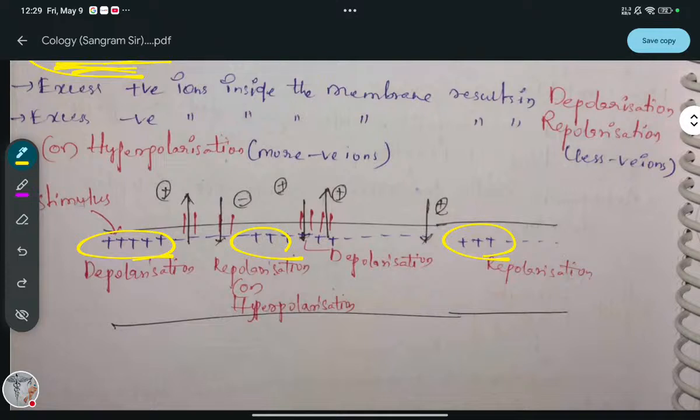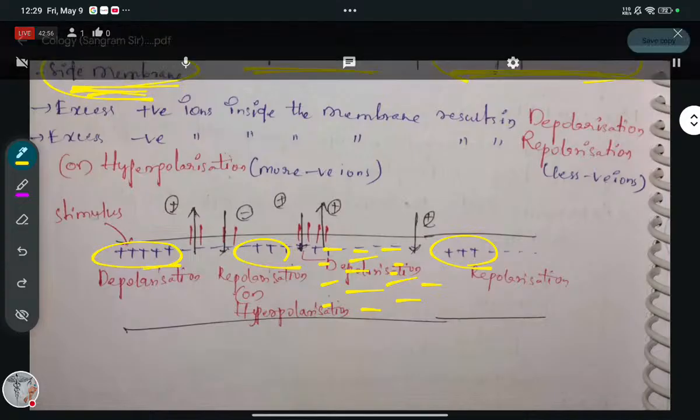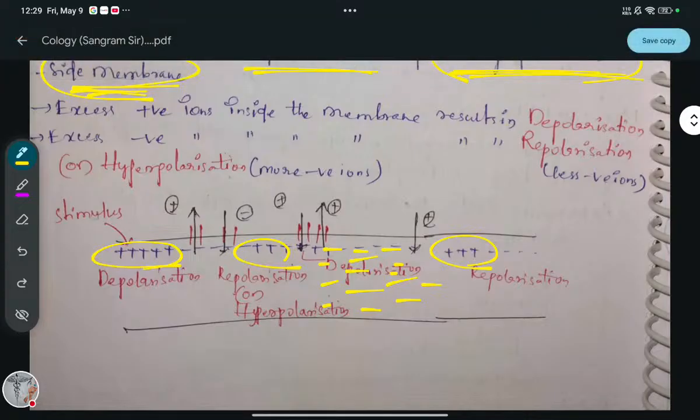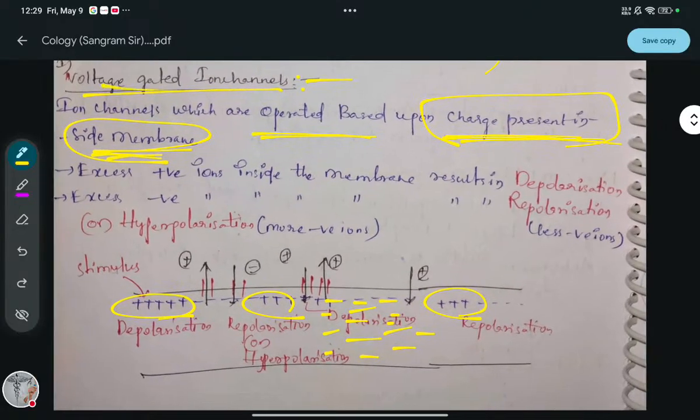Repolarization takes place when the inside of the cell is negatively charged, and hyperpolarization takes place when the inside is very negative, more and more negatively charged. So ultimately the charge present on the outside affects less, and the charge present inside the membrane affects more. So the voltage gated ion channel operates based on the charge present inside the membrane.